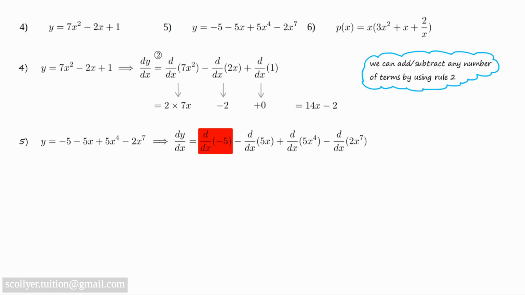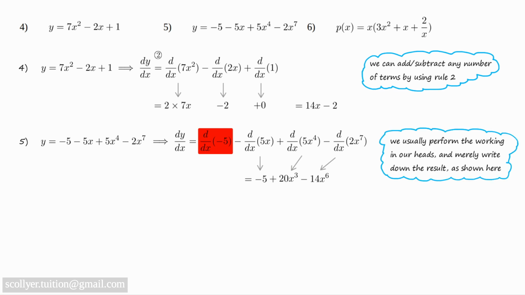And by applying the rules to the remaining terms, we obtain minus 5 plus 20x cubed minus 14x to the 6. And you should note that the more rapid approach that I've taken here is closer to the way that we usually differentiate polynomials. We perform the working in our heads and write down the result.